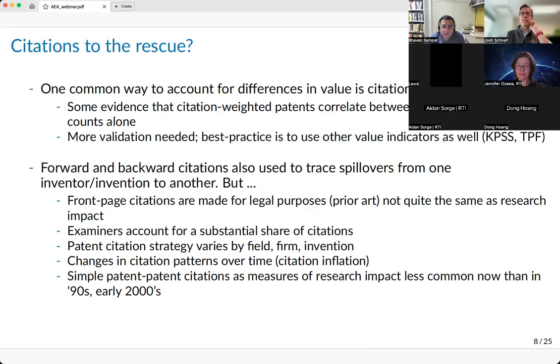A second indicator that's a non-citation indicator that's increasingly used is triadic patent family data. So you can get information from the OECD, from PatStat, and from other sources on the number of countries in which a patent is filed or which a patent is issued.